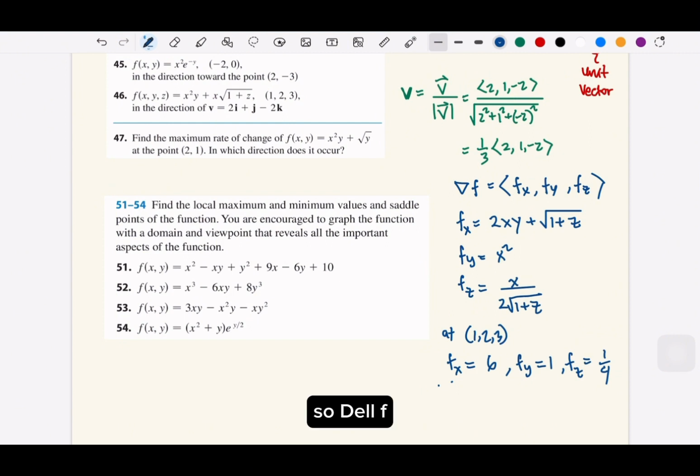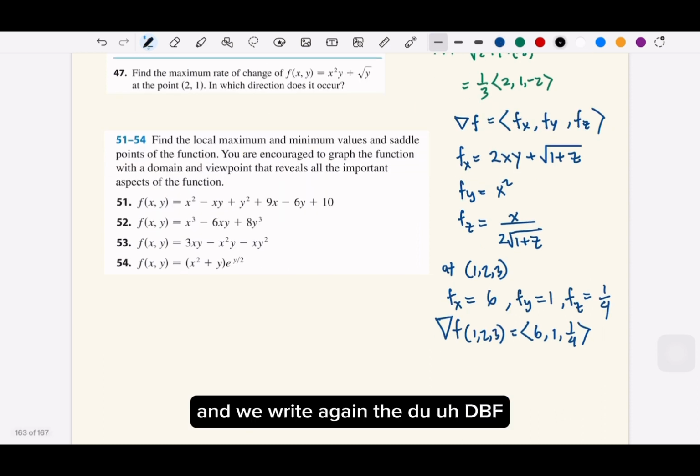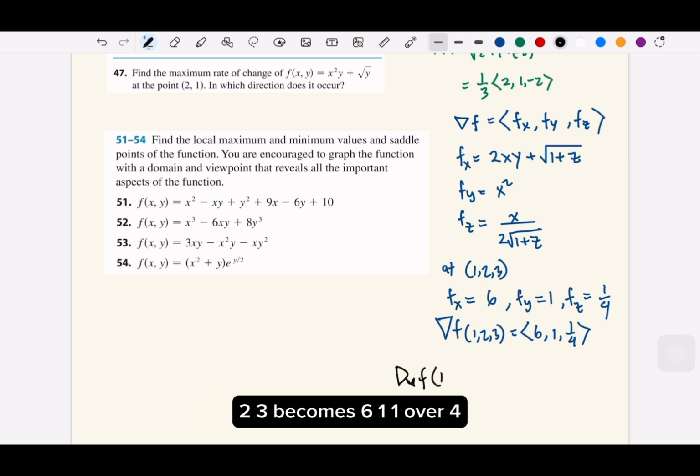So del of f at (1, 2, 3) is (6, 1, 1 over 4). Okay. And we write again the directional derivative at (1, 2, 3) becomes (6, 1, 1 over 4).